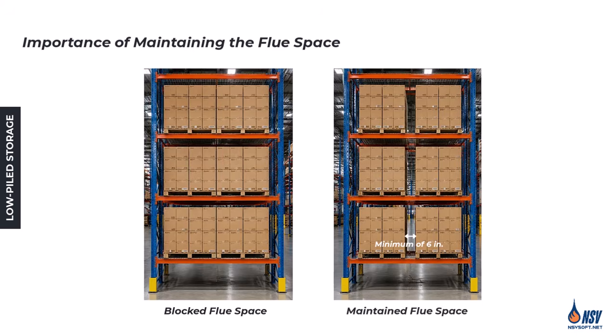This is why maintaining flue spaces is absolutely critical. Flue spaces are the clear vertical openings between our stored commodities. If we place our loads too close together and fail to maintain these flue spaces, which typically require a minimum clearance of 6 inches, the stored items effectively merge to create a continuous, impenetrable barrier.